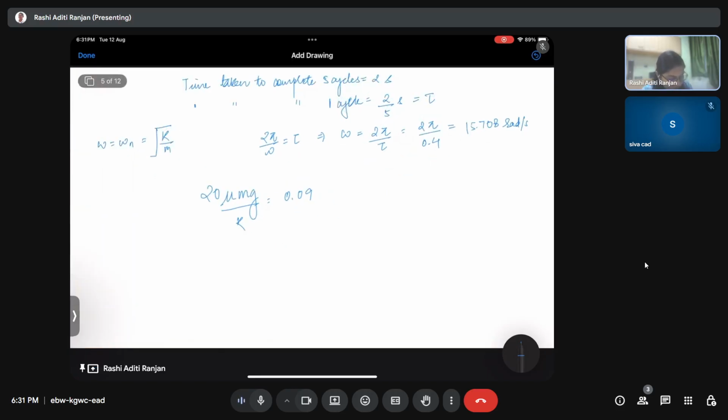So if we replace this by omega n, we get 20 mu into 9.81 divided by omega n square is equal to 0.09, and this value is 15.708 whole square.